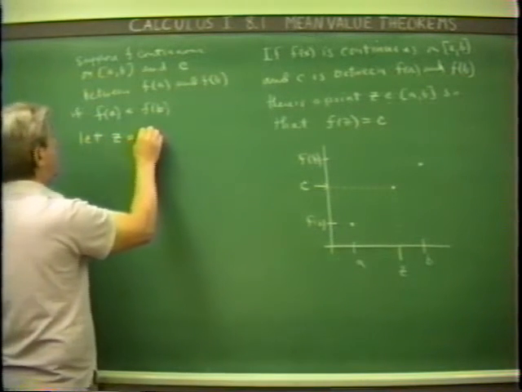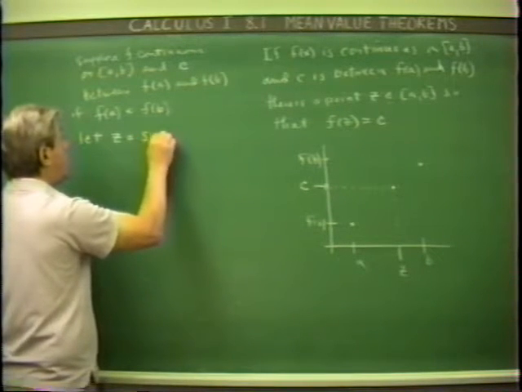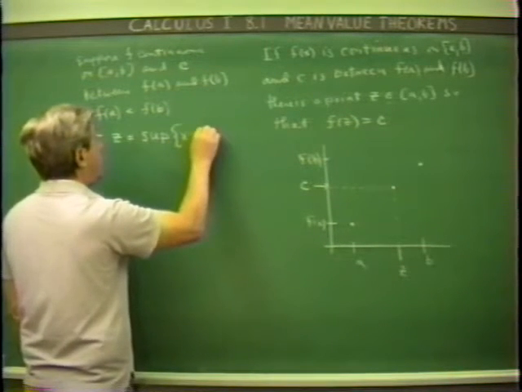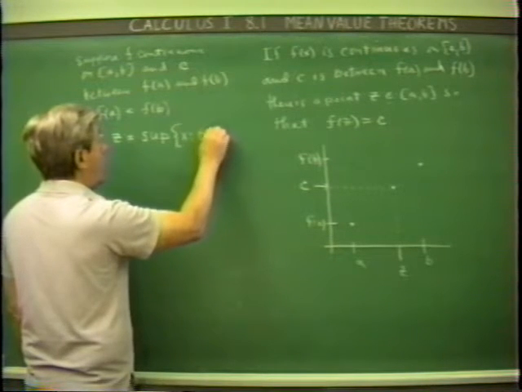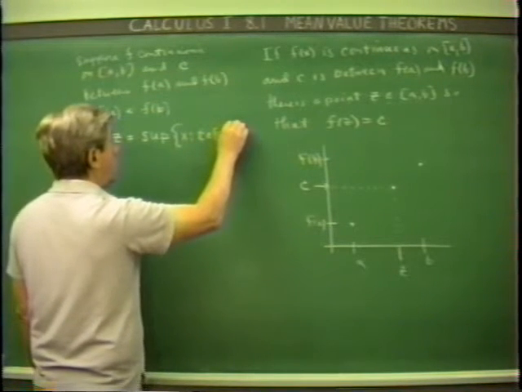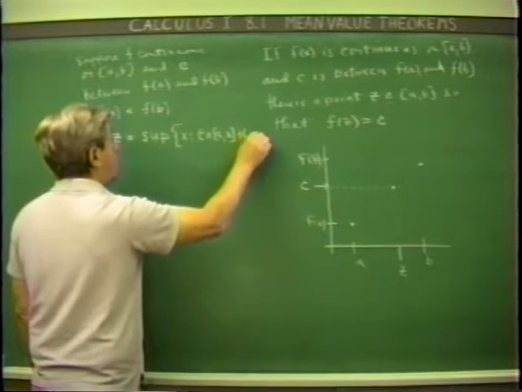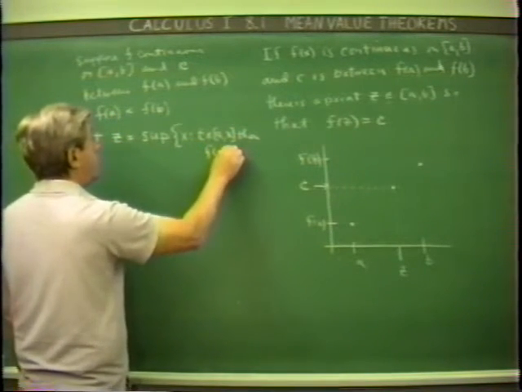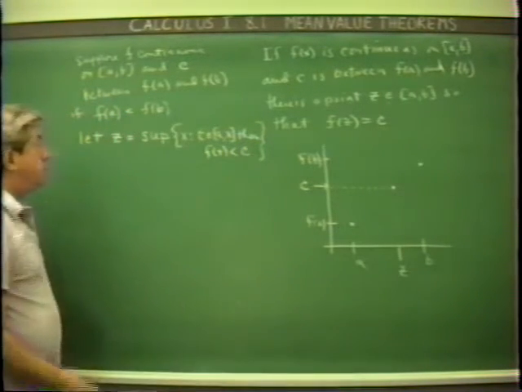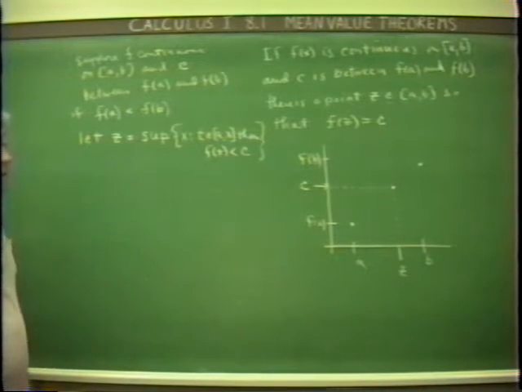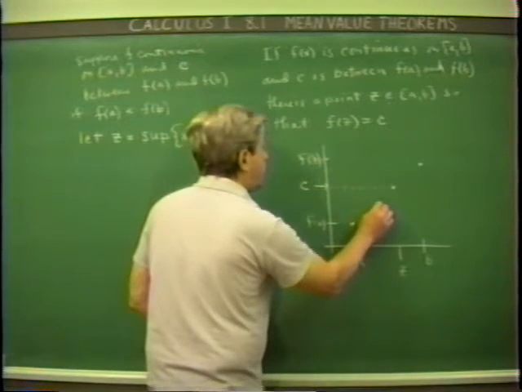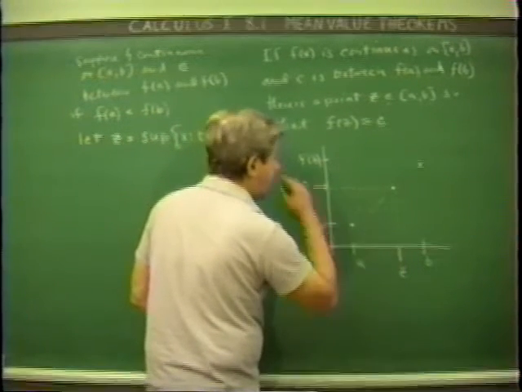z be equal to the supremum, or least upper bound, of the set of all x such that if t is in [a, x], then f of t is less than C. Okay? z is going to be our candidate for the point that maps onto C. All of these other points between a and z, there's an interval.